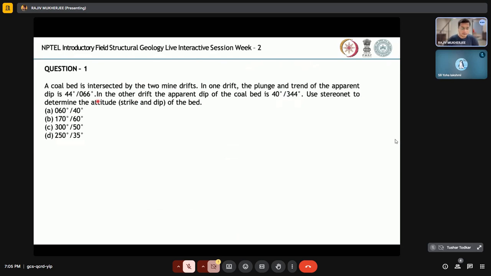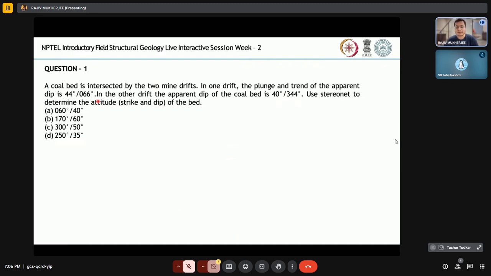Okay, so in the previous week we ended our discussion session with some trigonometric problems related to the structural attributes. Today, the first few questions or some more, we will be mostly dealing with stereonet problems.